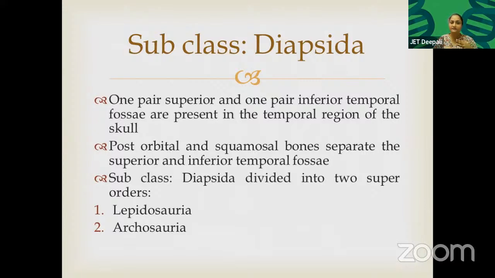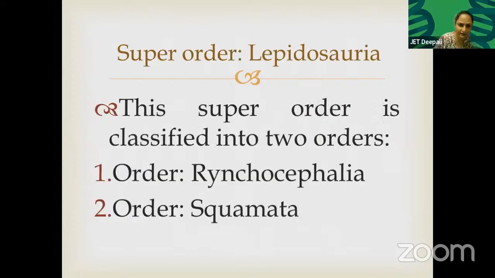Subclass Diapsida is divided into two superorders: Lepidosauria and Archosauria. This Lepidosauria is further divided, so let's start with Lepidosauria.